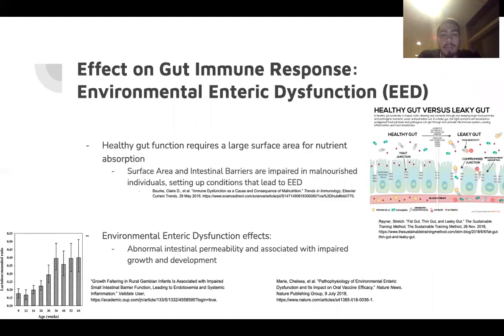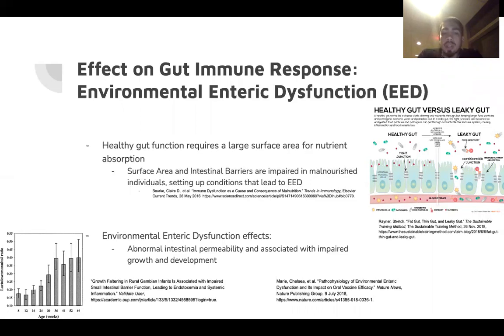And one of the most standout effects that we see in this EED category is abnormal intestinal permeability that's associated with impaired growth and development. So essentially what we're seeing is that the intestinal permeability is not able to be regulated the correct way.